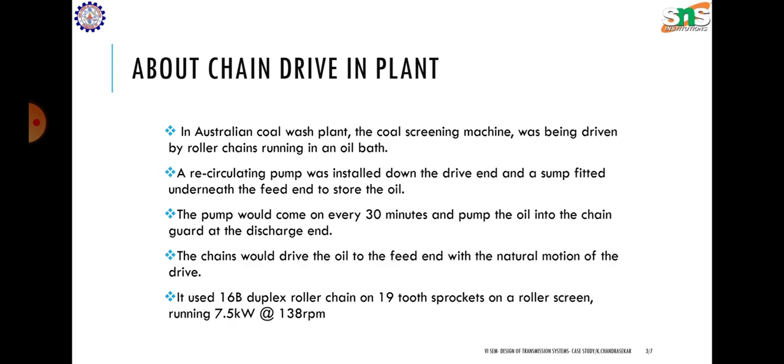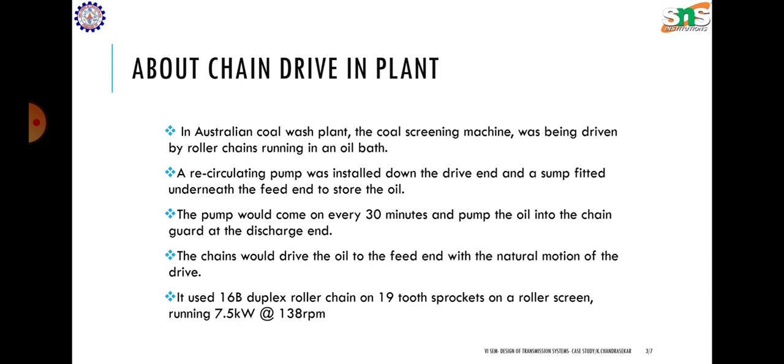So for the coal screening machine, the roller chain used is a standard 16B duplex roller chain, consisting of 19 tooth sprockets on a roller screen running at 7.5 kilowatt at 138 rpm.